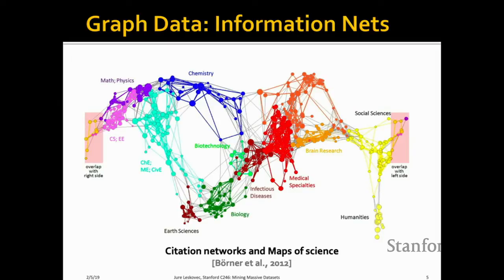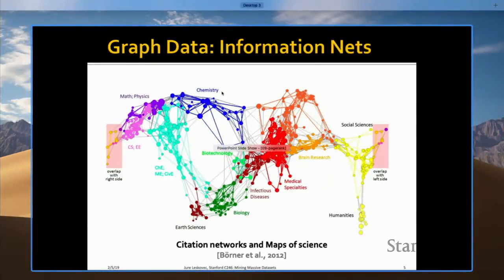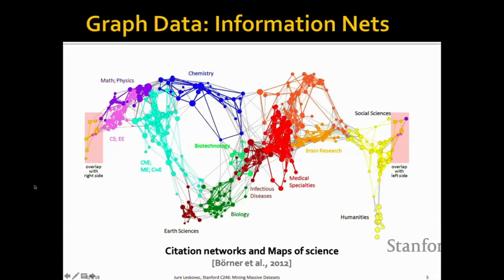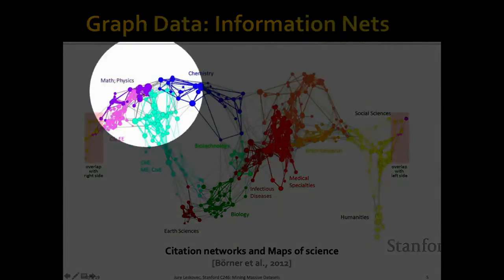You can also think of science as naturally a network. One way we can create networks out of science is that we look at how scientists cite each other. So you can start asking, how do different fields of science relate to each other? And this is one such visualization that tries to say how different fields fit together. And you can see that, for example, computer science here, right?